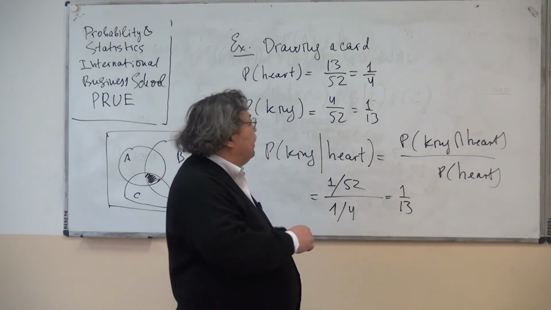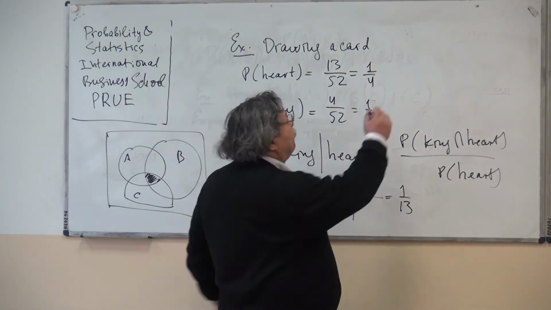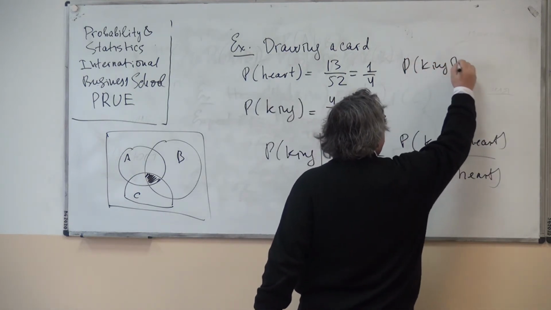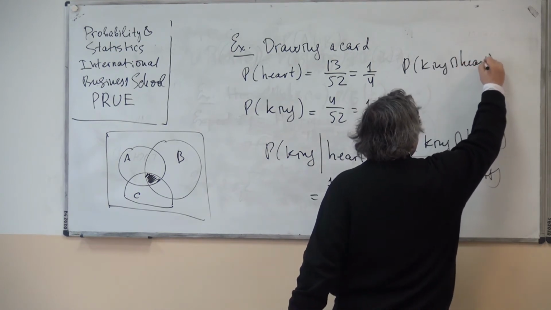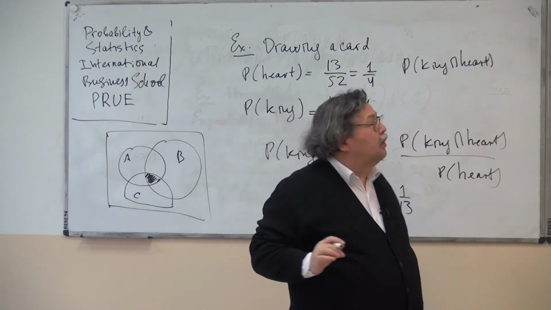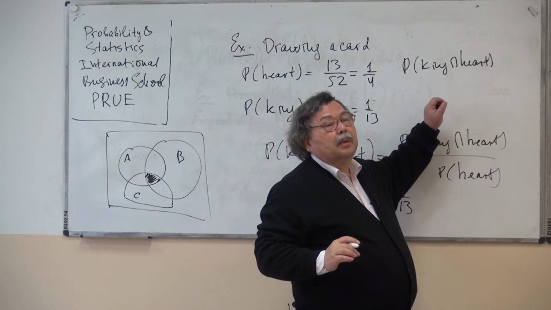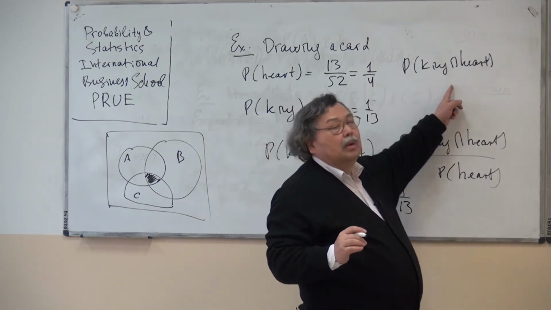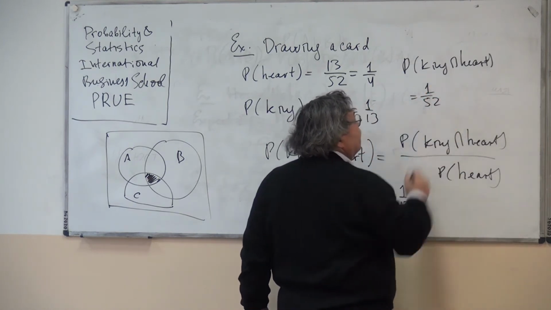Well, we will arrive at the same conclusion if we look at the probability of it being a king and a heart. It's just the same thing, just a slightly different approach. We can compute it independently. There is only one card like this, and there are 52 cards in total.